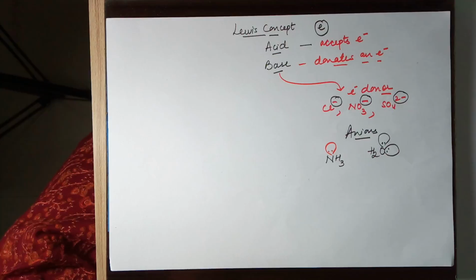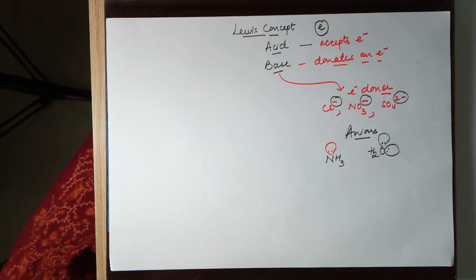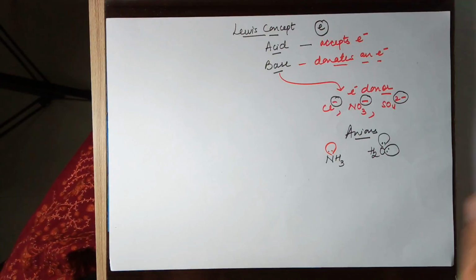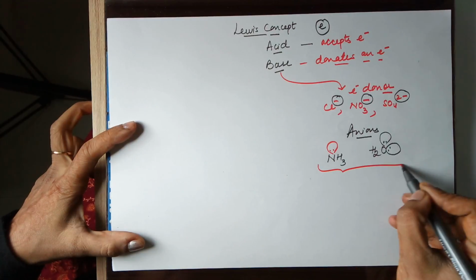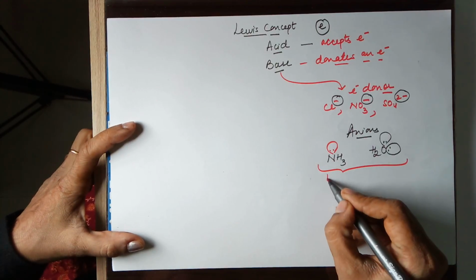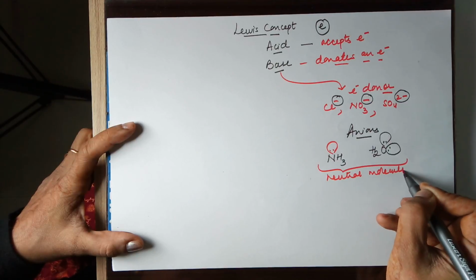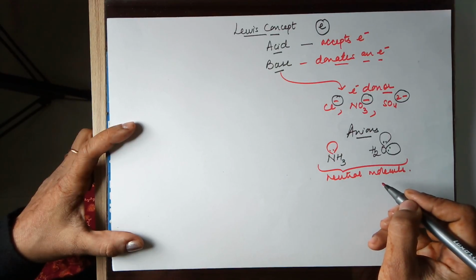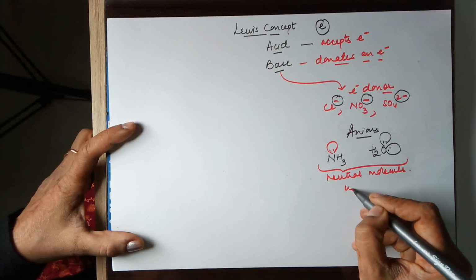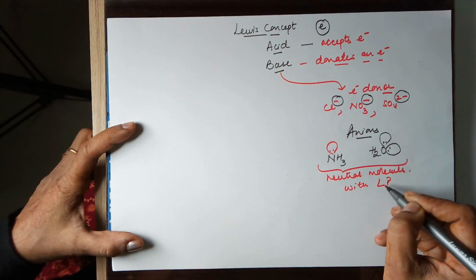Hence, oxygen has the lone pairs, hence is capable of utilizing these electron pairs for some kind of coordinate bonding. So despite the fact that these are neutral molecules, they can act as Lewis bases due to the presence of lone pairs in them.